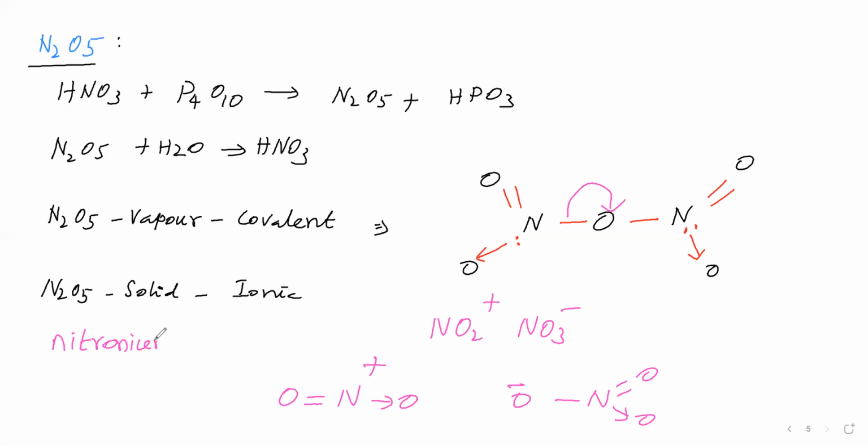NO3- is called nitrate. Therefore, NO2+ NO3- is called nitronium nitrate, existing in the solid state. Therefore, solid N2O5 is an ionic compound, but vapor N2O5 is a covalent compound.